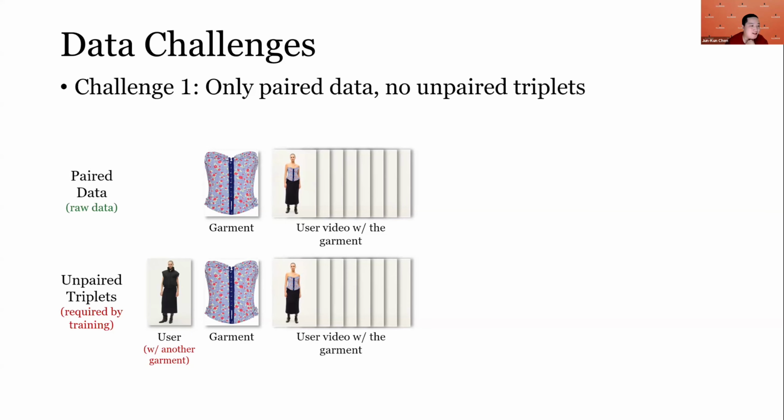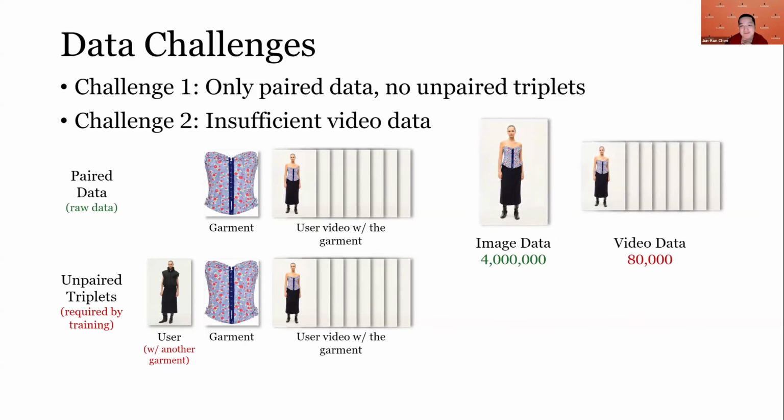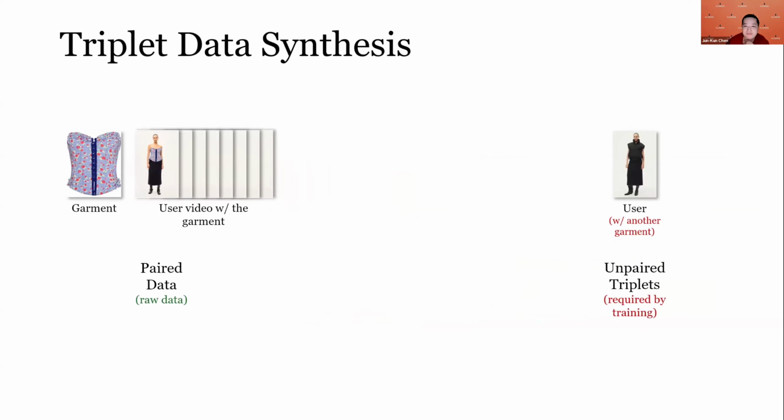Data is hard to collect online as there will be few persons capturing appearances in different garments. On the other hand, compared to the abundant paired image datasets, video data is significantly scarcer, especially the long-form ones. This calls for a training framework that is highly data efficient and can fully exploit the limited video resources we have.